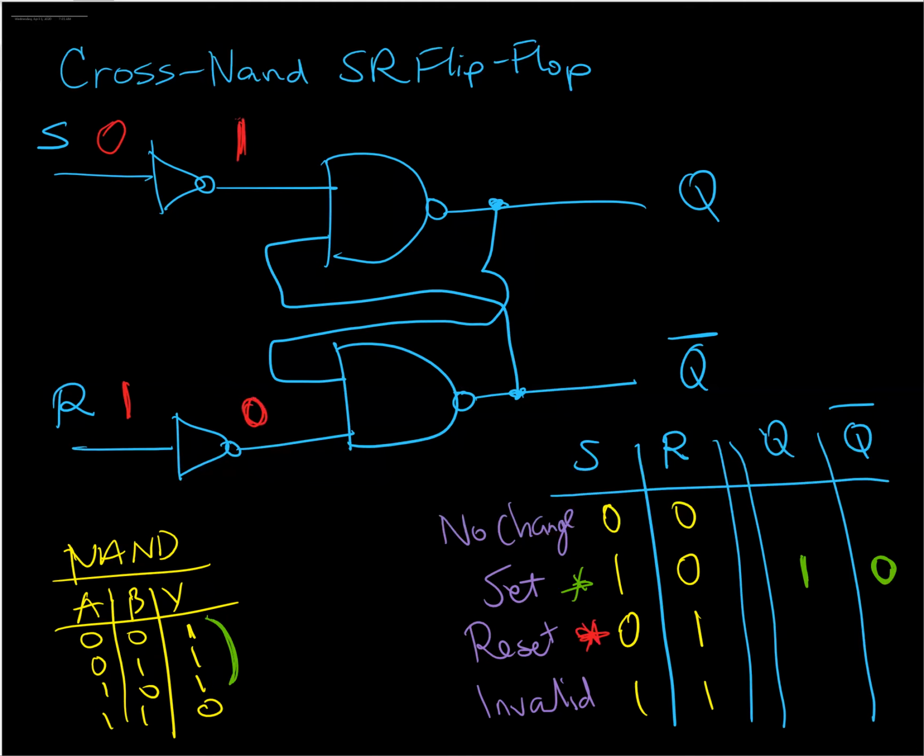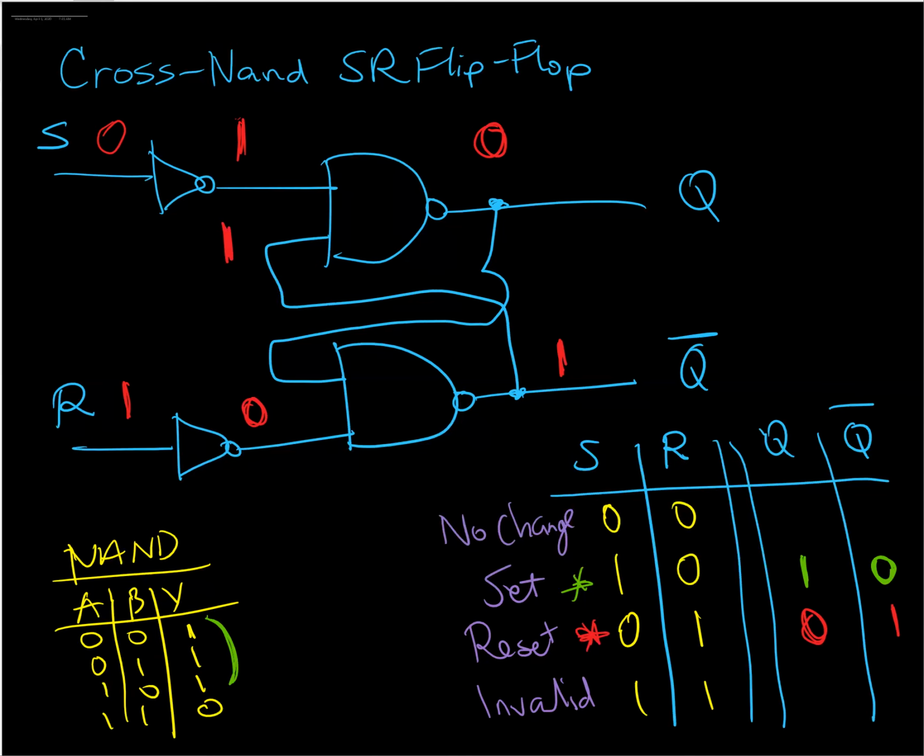Remember, anytime the input to a NAND is 0, that's going to drive a 1 at the output. That gets fed back to this input as a 1, making that output a 0. So we have the condition where Q has been what we call reset to 0, and Q bar is 1, which is the opposite of Q.